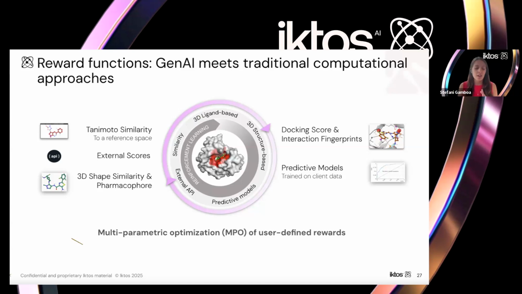In this way, you can optimize molecules towards the targets that you're interested in. And finally, if you do not have your 3D structure base, but you do have the information of your ligand, then you can work with the 3D ligand base. Here, basically, we optimize the shape similarity and the pharmacophore.